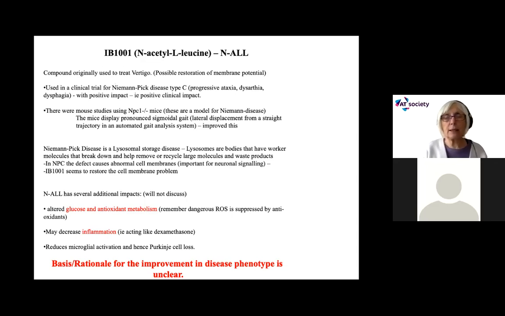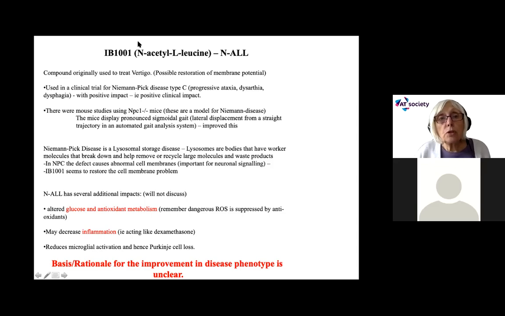Basically, as far as I can understand, I explained to you last time when we were talking about neurons that the Purkinje cells and the cells in the cerebellum receive signals and transmit them. And that requires the membranes to be intact and a potential across those membranes.